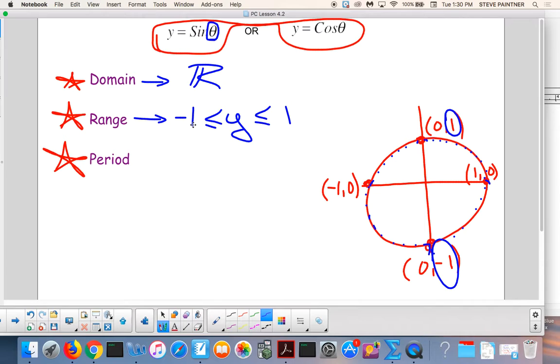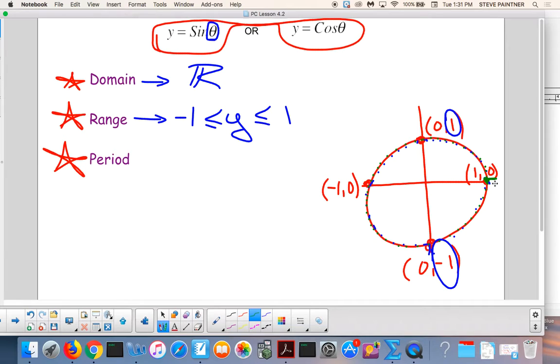Period. How often does sine and cosine repeat itself? 360. Okay. Watch this. You put in 0 degrees, you get out what y value? 0. Then you get y values to go up here. You're positive. You're still positive. Oh, now your y's are what? Oh, now they went back to positive.